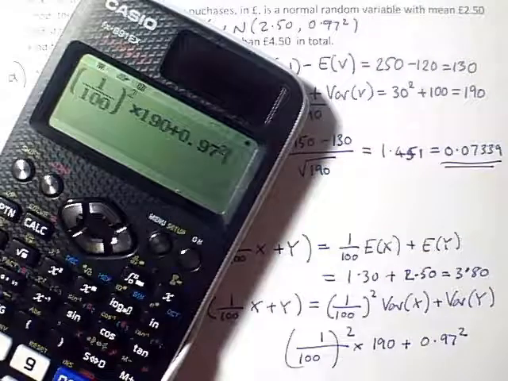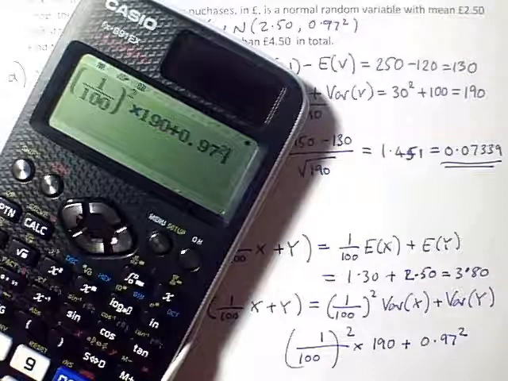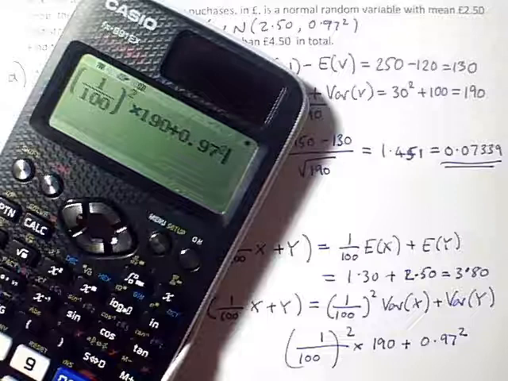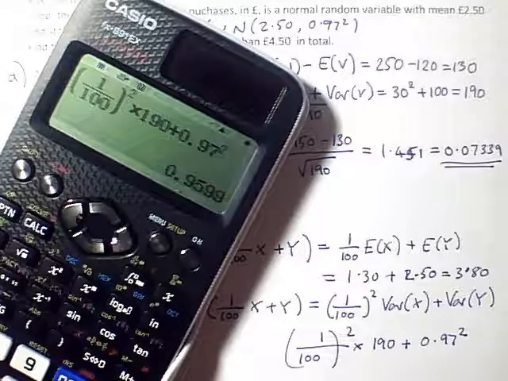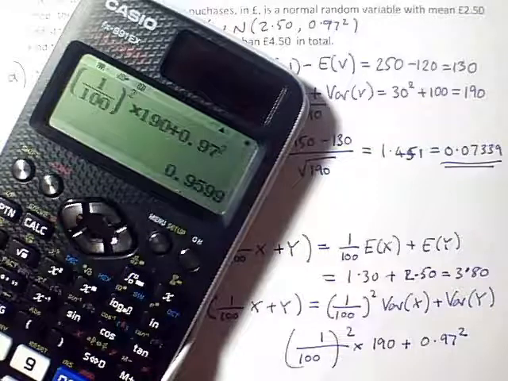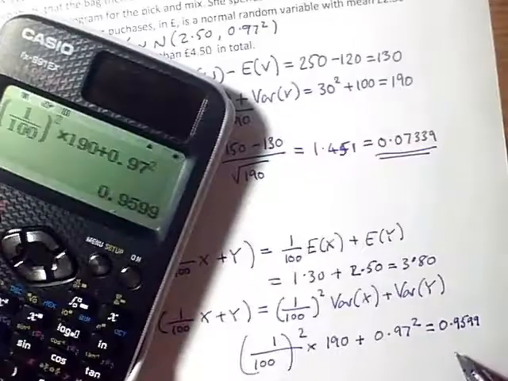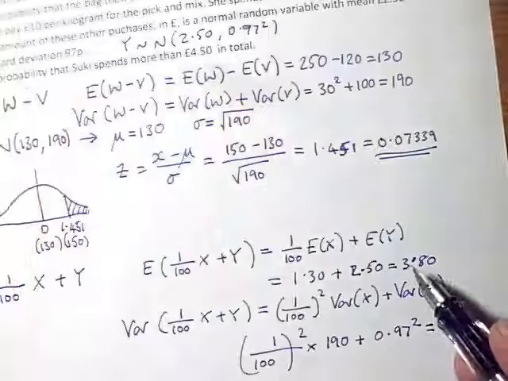So entering that calculation exactly as I wrote it on the calculator, it will give me this answer here. That fraction is 0.9599. There it is.